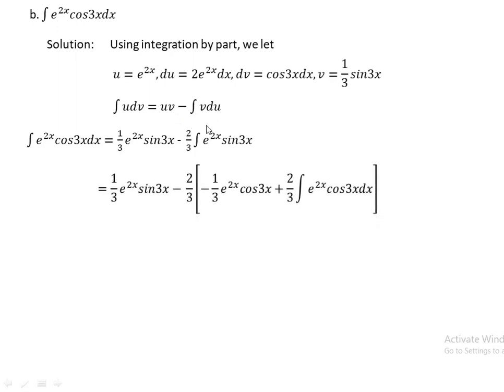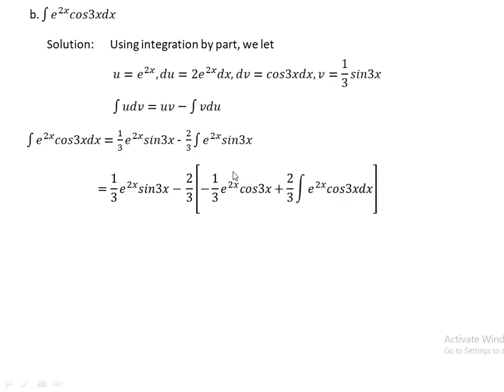We have 1 over 3 e raised to 2x sine 3x minus 2 over 3, the whole times the value for the integral of e raised to 2x sine 3x, which is minus 1 over 3 e raised to 2x cos 3x plus 2 over 3 the whole times the integral of e to the power of 2x cos 3x dx.